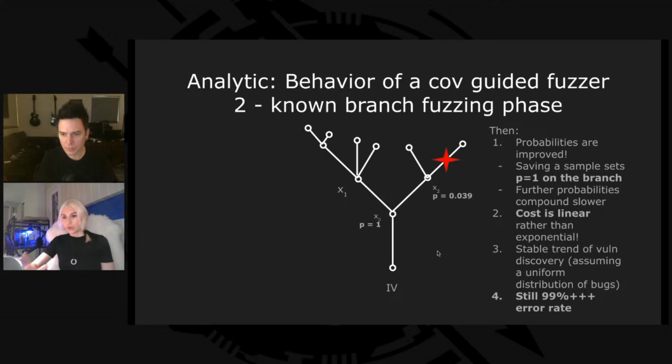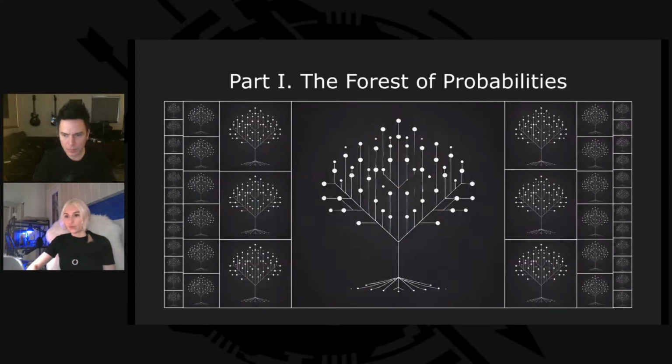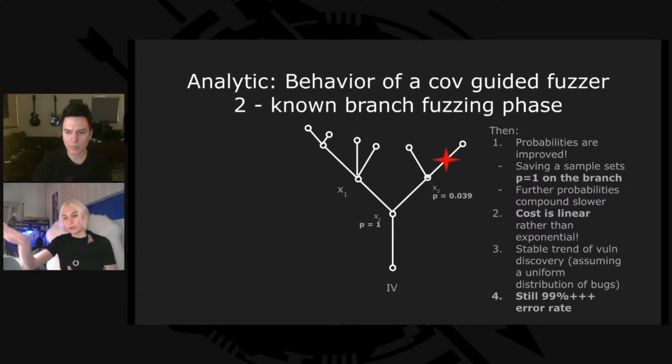The important thing about a coverage-guided fuzzer is that it will still have a high error rate, and it will still have those low probabilities of discovering the next branch that will compound over time, which means that even a coverage-guided fuzzer will have some issues traversing further and further down the tree, because it loses its efficiency exponentially, is what I'm seeing from this model.